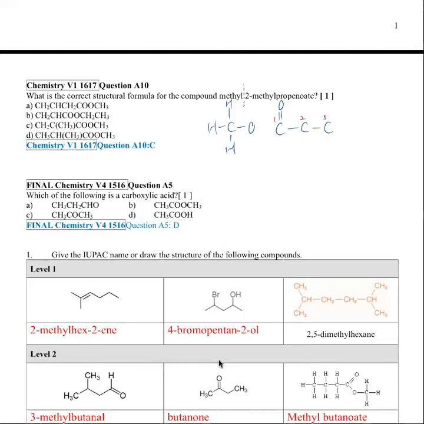So at position 2, it has a methyl group attached to it. And then you just complete the rest and connect the 2 parts. Then you check which one matches the structure that you have drawn. So it should be C.